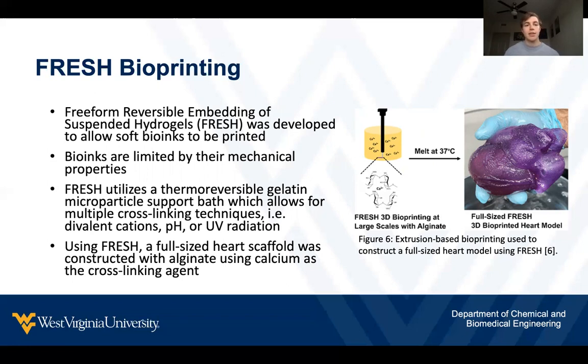This FRESH technique allows the support bath to incorporate multiple different cross-linking techniques. You can use divalent cations like calcium, which can be used to cross-link alginate, or you can use pH change or UV radiation as well to cross-link the bioinks. In this case, they successfully printed a full-sized heart model using alginate and calcium as the cross-linking agent.